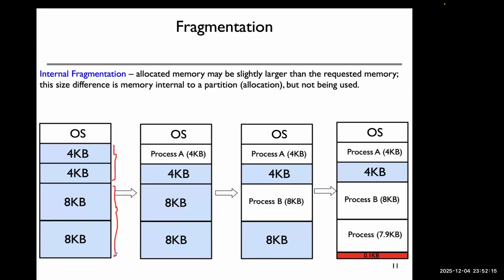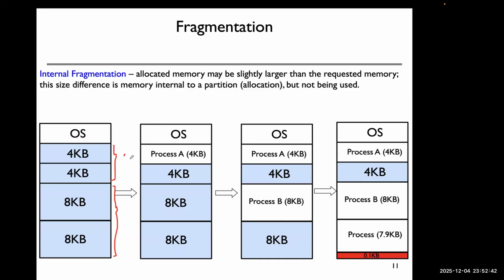So now, unlike the previous example, this time whenever we have a request, we serve that request from the appropriate set. For example, if you have a request by a process of size 4 kilobyte, you allocate it a chunk from set 1.